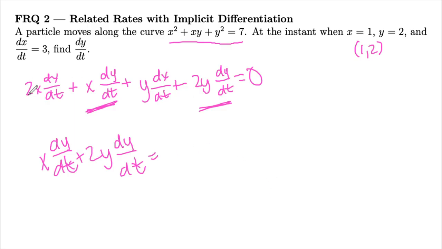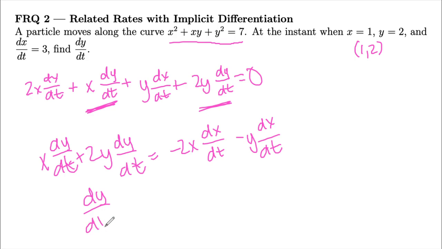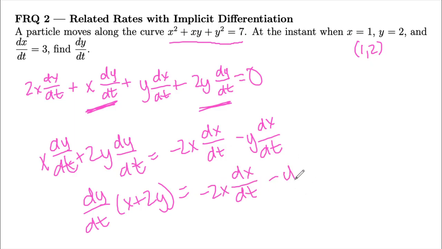And then we subtract both of these terms over, so we get negative 2x dx/dt, and then minus y dx/dt. Now we are going to factor out our GCF of dy/dt on the left-hand side, so we are left with dy/dt times (x plus 2y) equals negative 2x dx/dt minus y dx/dt.